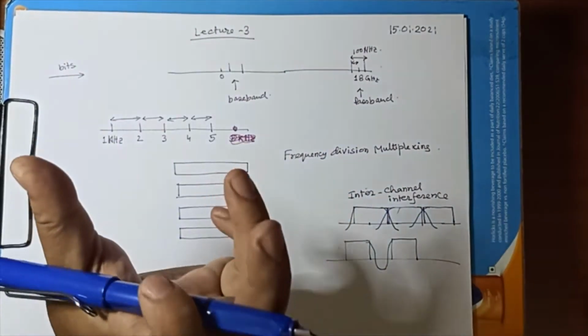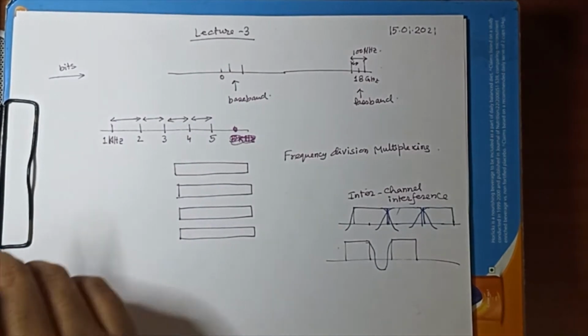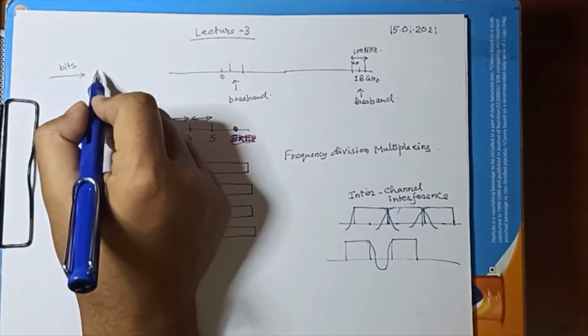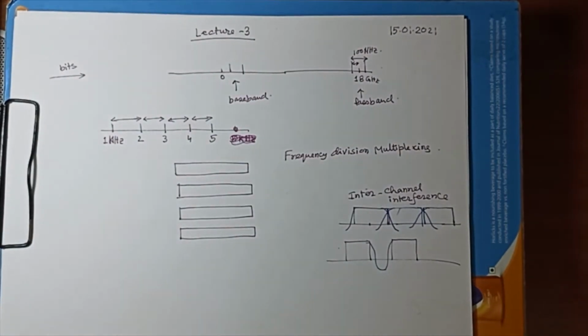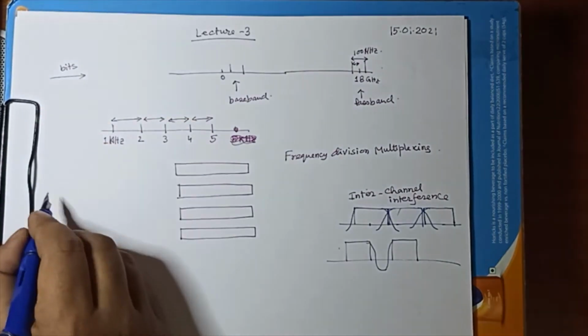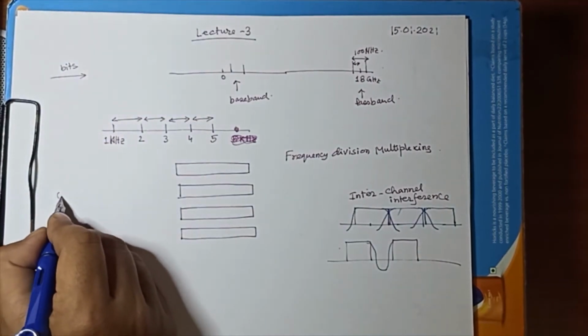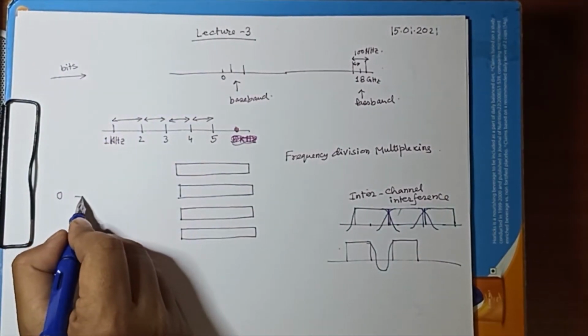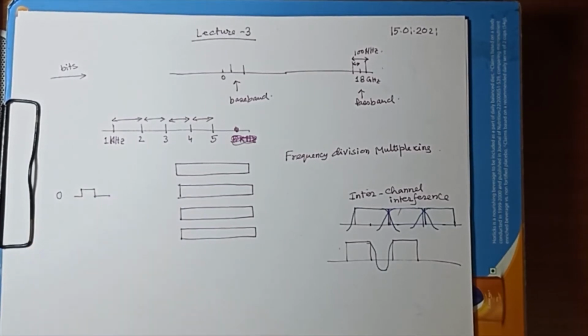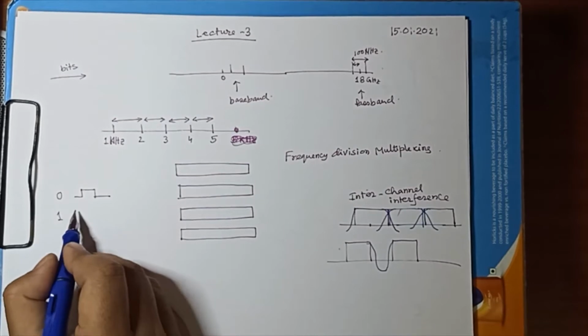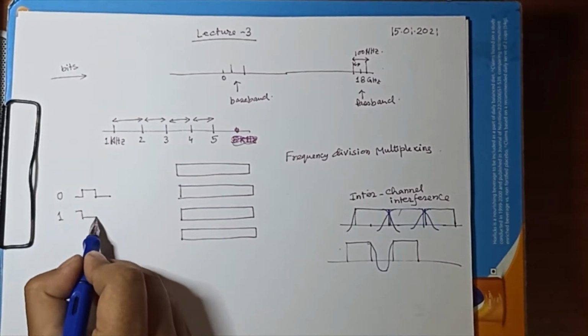That waveform should fit within that particular bit. If you take some pulse code modulation kind of signal in the baseband, it can be a square wave. So suppose your bits are coming, and for every 0 I am giving one binary wave like this, and for 1 I am giving something like this.